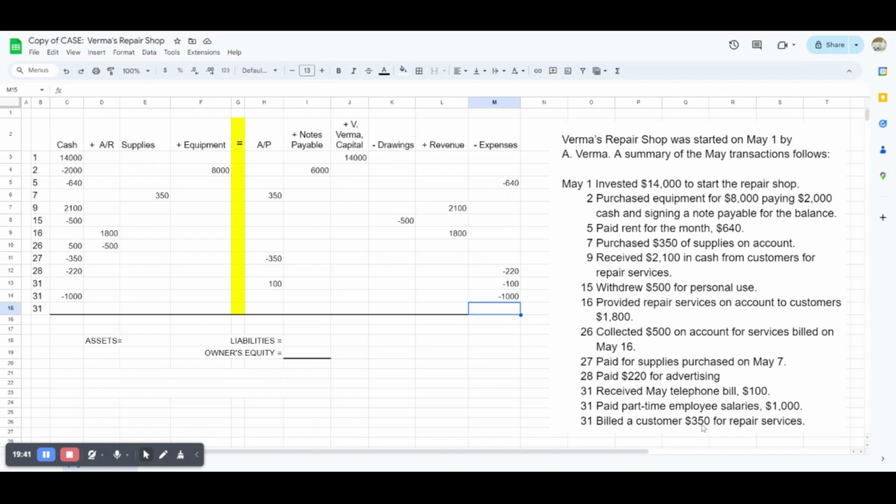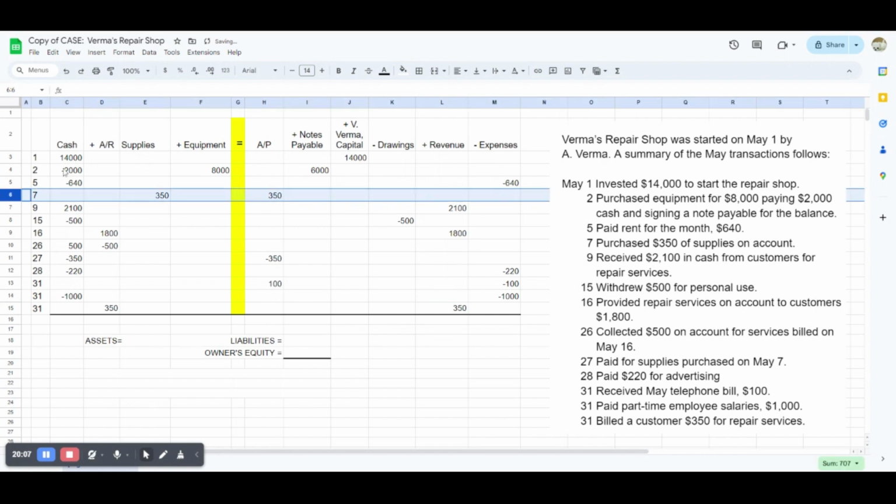And whenever a customer owes you money, it goes into accounts receivable. So they owe you $350. And remember, whenever you are doing a service that your company is supposed to provide, revenue will go up by 350.